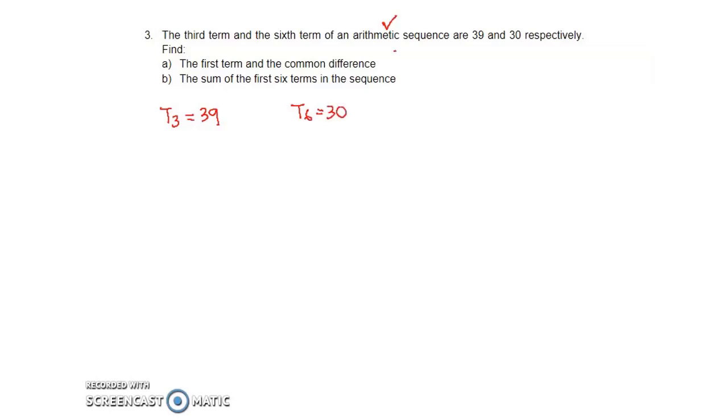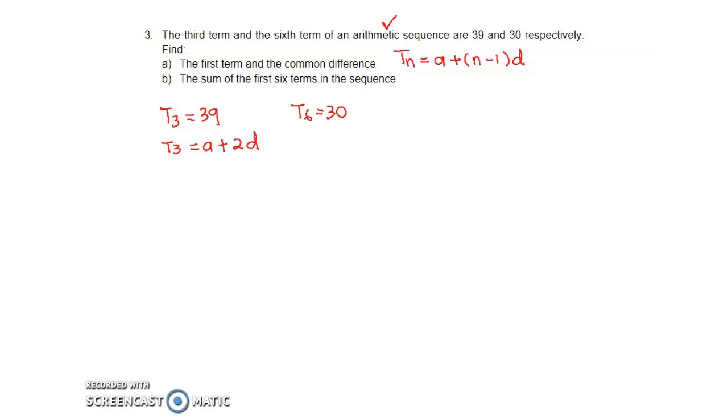Since it is arithmetic, we use the arithmetic formula: Tn equals A plus n minus 1 multiplied by D. For question A, write T3 and T6 in their general terms. So T3 equals A plus 2D.